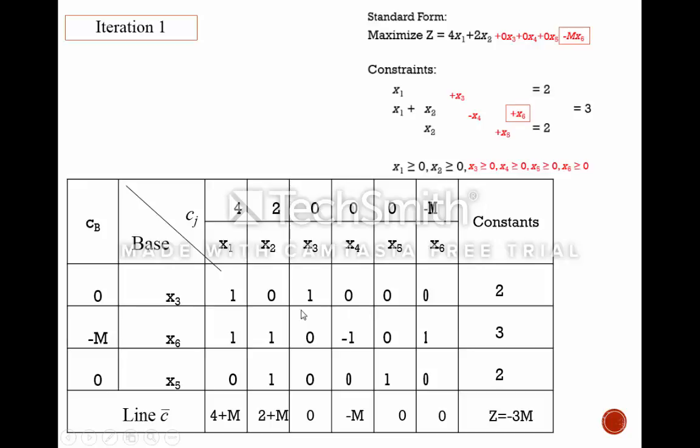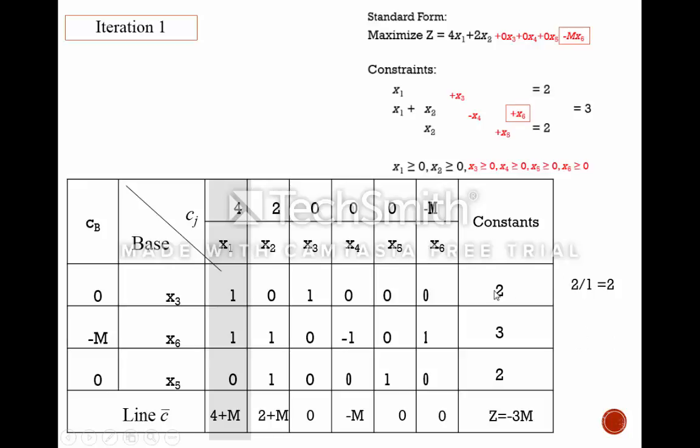And now we choose the best one. We can see that for this one, 4 plus M is the best one, so we choose 4 plus M. And now we calculate the value to get the lowest value, constant per x1.